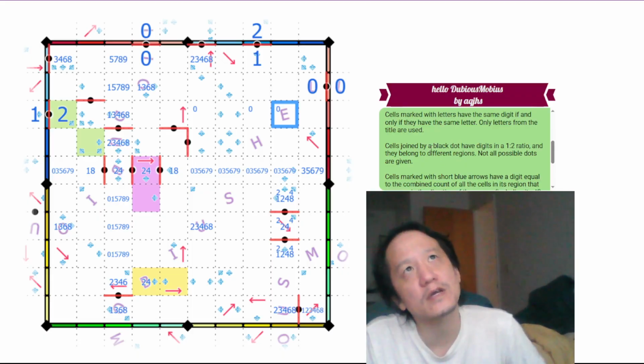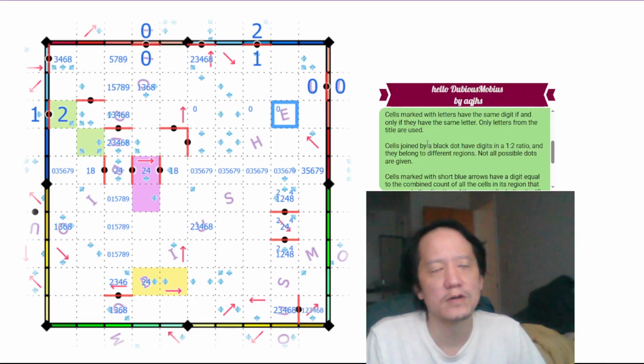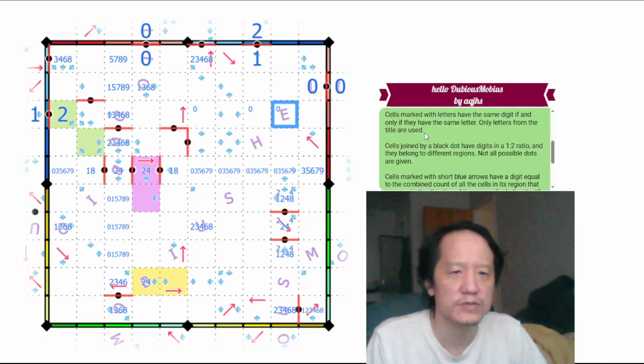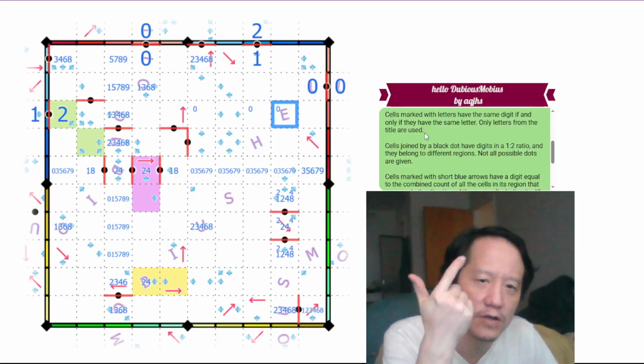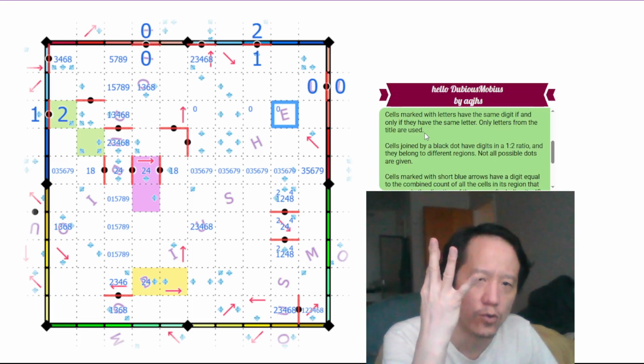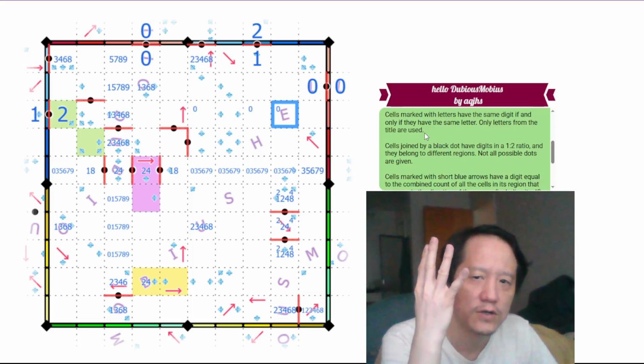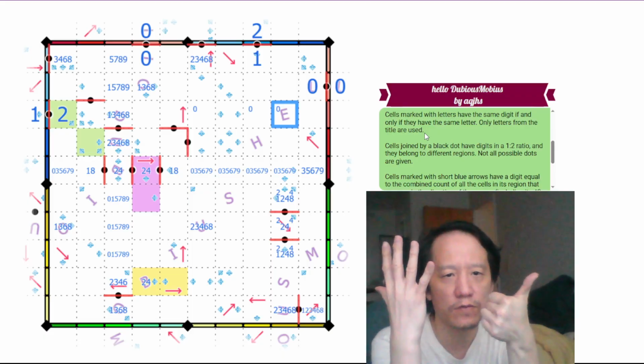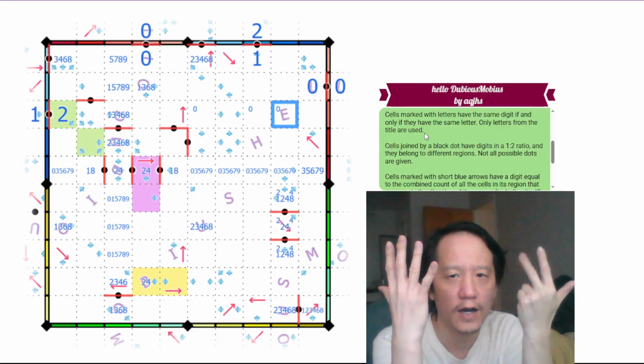if and only if they have the same letter. Hello, DubiousMobius. So how many letters is that? L, H, we have Hello. So that's 4 unique ones. DUBI.